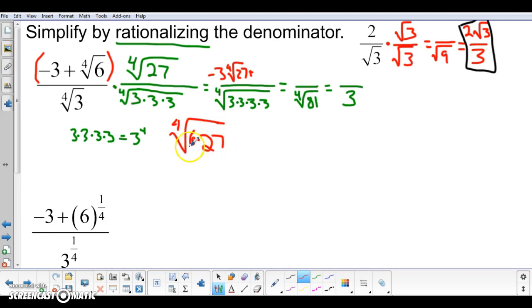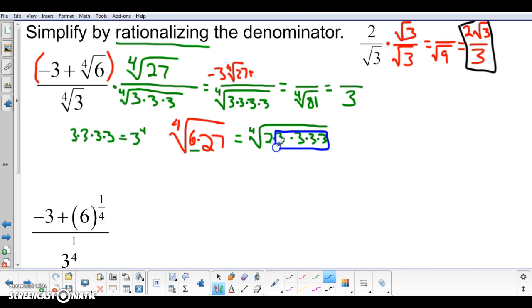So check this out. 6 is the same thing as 2 times 3. And 27, if you remember, is 3 times 3 times 3. So if I write all that out, all of a sudden you'll notice that I've got 4 3's in my radicand.